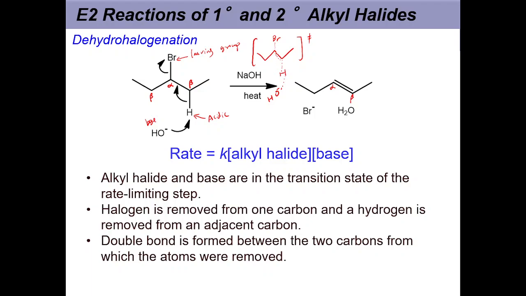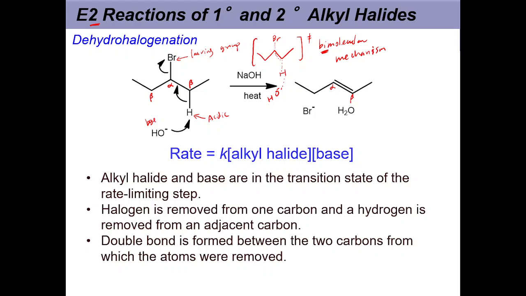Now you can see everything happens at the same time. Two things: the leaving group leaves, and the base picks up the proton. So there's only one transition state, but this transition state is a bimolecular mechanism. Therefore, it's called the E2 reaction.